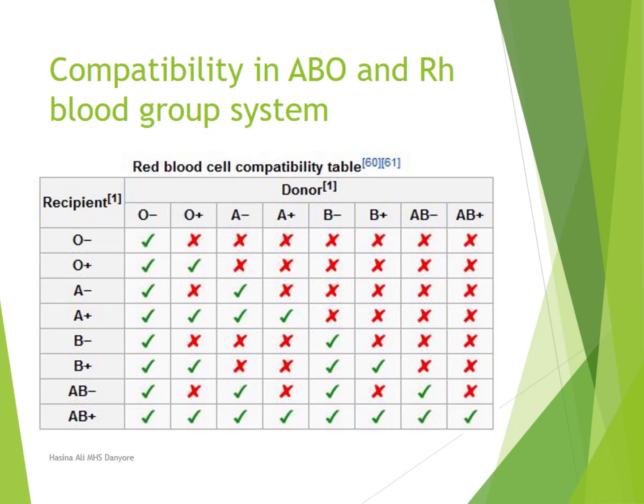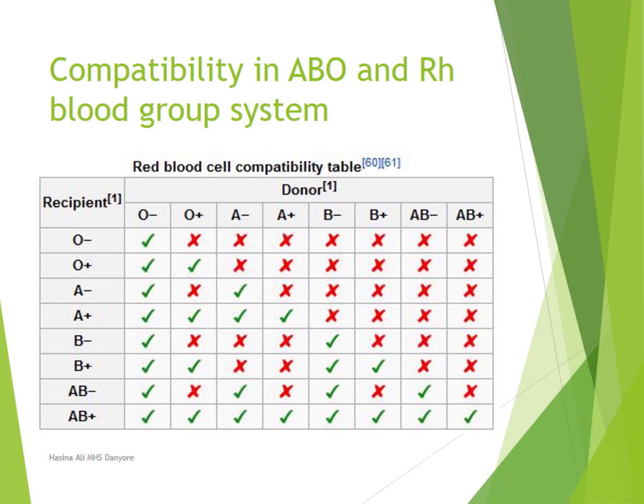For example, O negative can be received by O positive, A positive and A negative, as well as B positive, B negative, AB positive and AB negative. So, this shows that O negative is considered to be a universal donor.